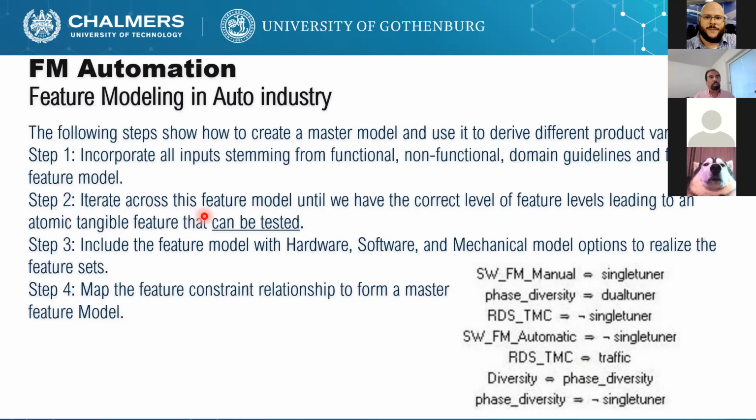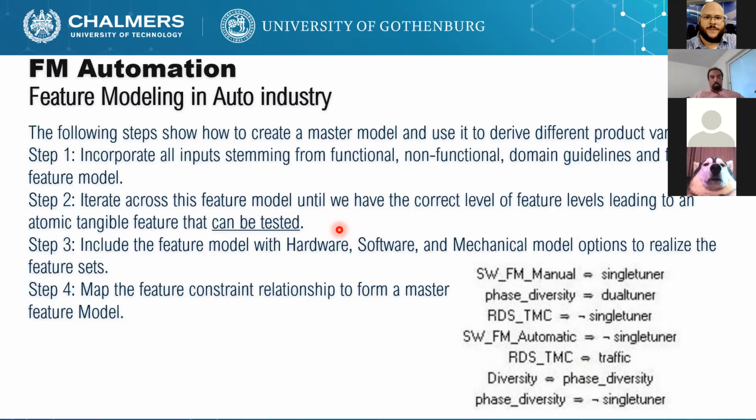Iterate across this feature model until we have a correct level of feature leading to an atomic tangible feature that can be tested. What it says, in the feature model diagram, you drill down your features, as you say, level 1, level 2, level 3. But you have to be careful.